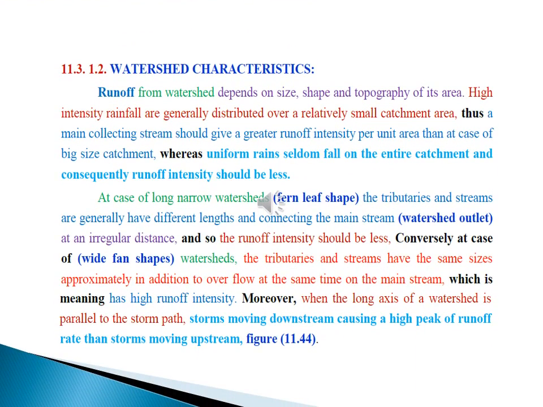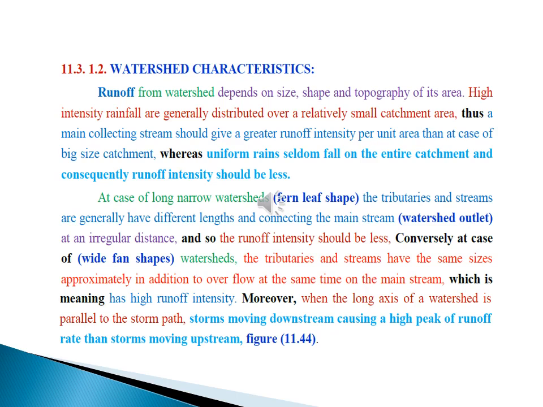Look, my dear, watershed characteristics. Runoff from a watershed depends on the size, shape, and topography of its area. As an example, in the case of a long narrow, fern-leaf-shaped watershed, the tributaries and streams are generally at different places and connect to the main stream at irregular distances, and so the runoff intensity should be less.